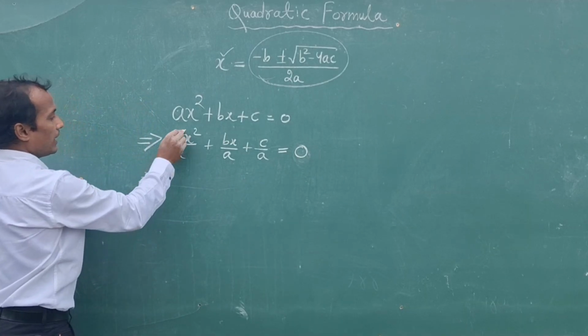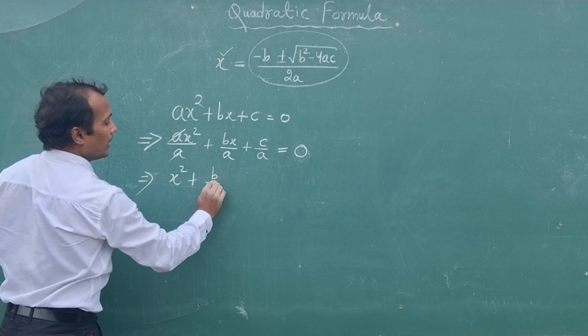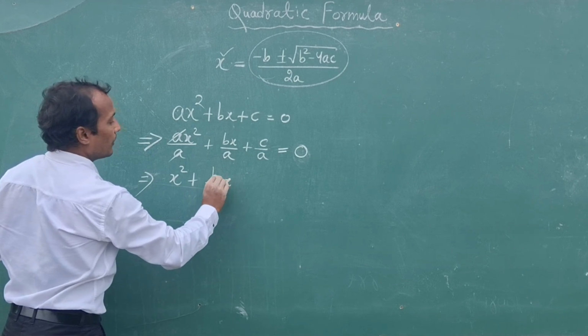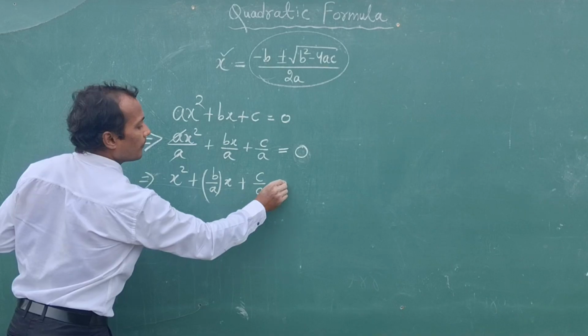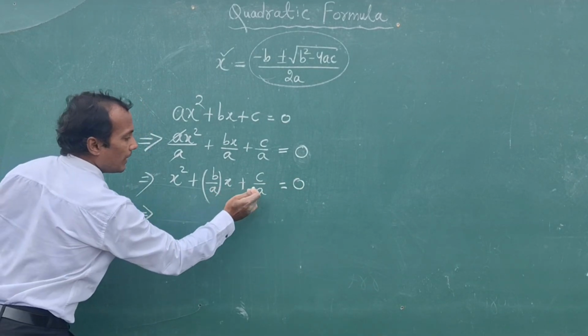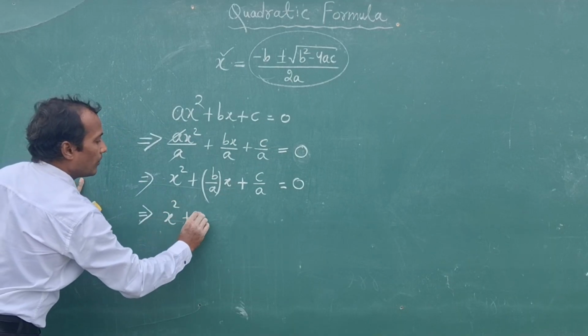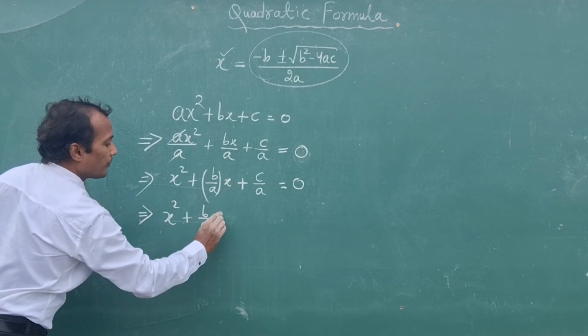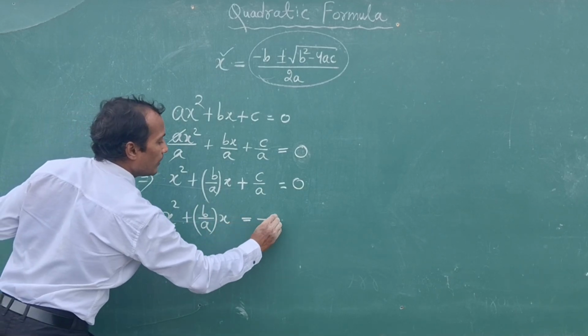Now a gets cancelled here, so I have x square only, plus b by a x plus c by a equals 0. Now I will shift c by a, the third term, to the right side. So I have x square plus b by a x is equal to minus c by a.